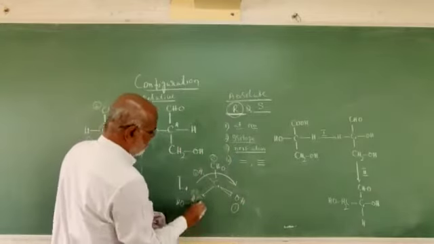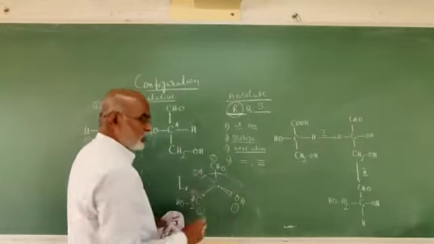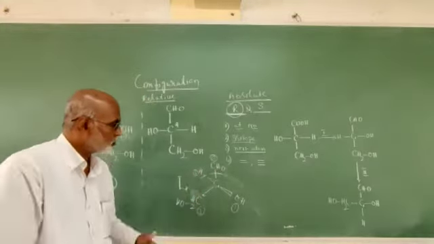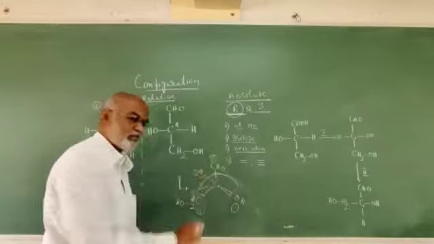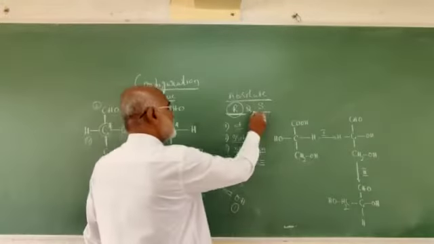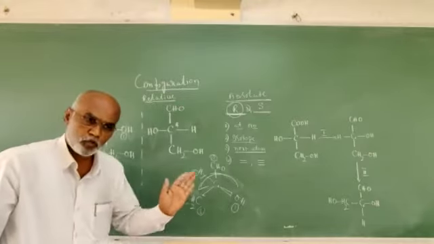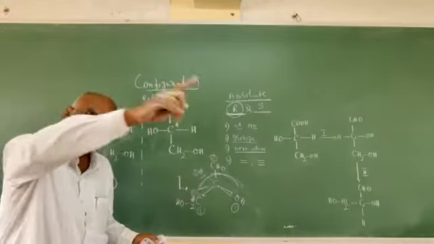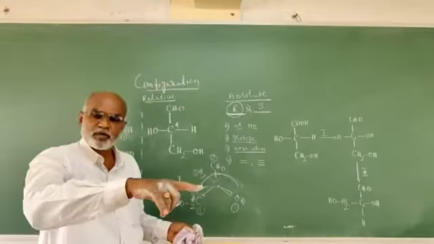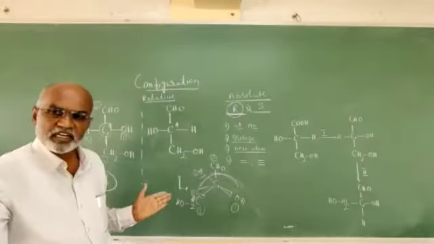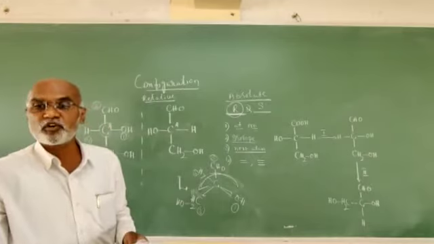In that case you are moving from 1 to 2, 2 to 3, and your eyesight is moving in the anti-clockwise direction, so it is called the S isomer. So moving from 1 to 2 to 3 in the clockwise direction is the R isomer, and in the anti-clockwise direction is the S isomer.